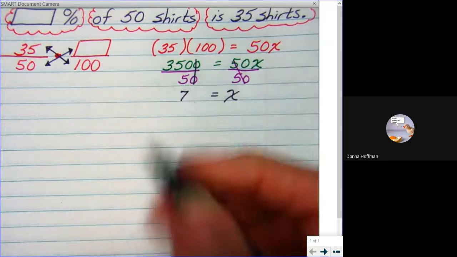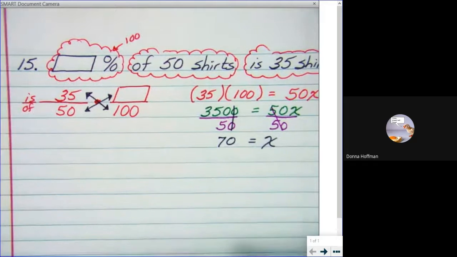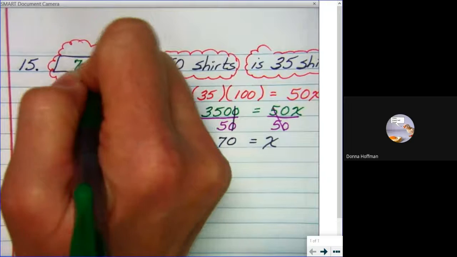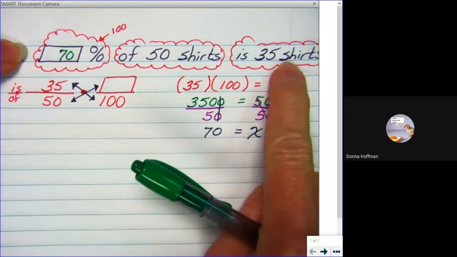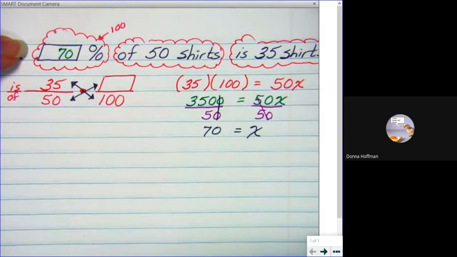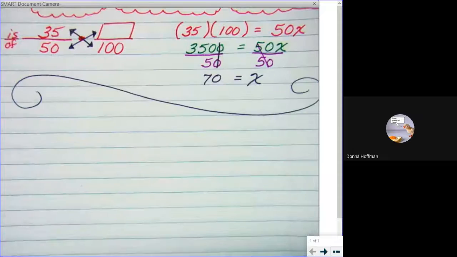As soon as I uncover that 0, I bring that 0 down. So I go back up here and I plug in 70% of 50 shirts is 35 shirts. Is it getting easier? Oh, yeah. That's good. Sam, what do you think? Is it getting easier? 16?